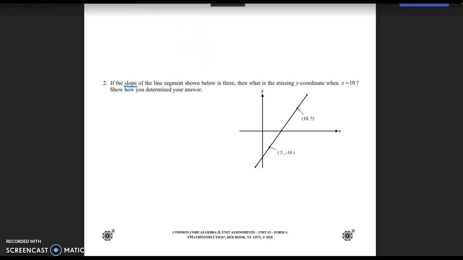If the slope of the line segment shown here, this is a line segment, is 3, you may want to write it down, m equals 3. And then it also tells you, hey, x is 10, right? You need to find the missing y value.